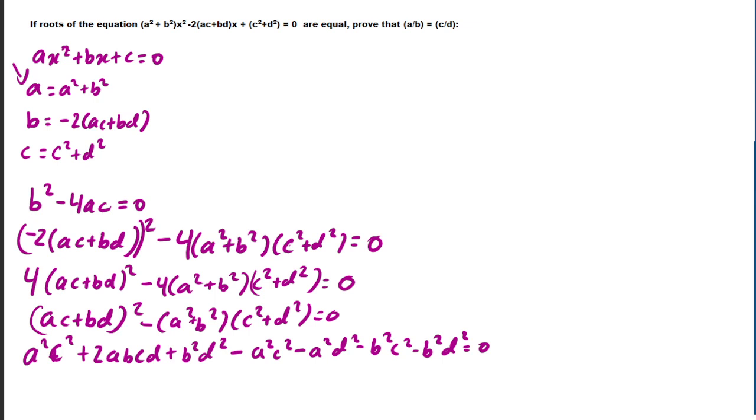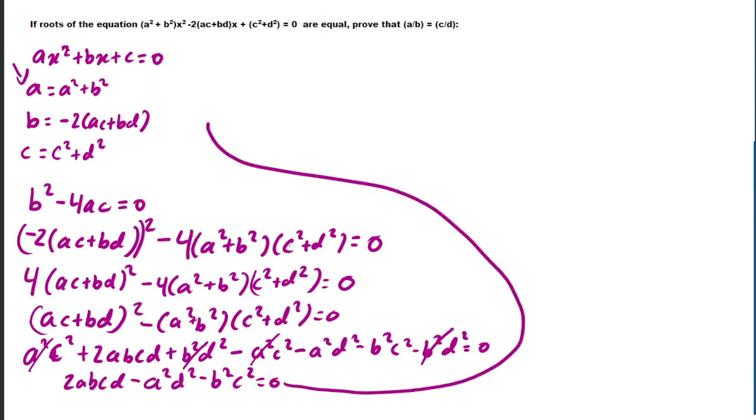And this all equals 0. Now just looking at this, we can cancel out these terms because they both have a plus and minus, so they'll just equal 0. So what we get is 2abcd minus a squared d squared minus b squared c squared equals 0.